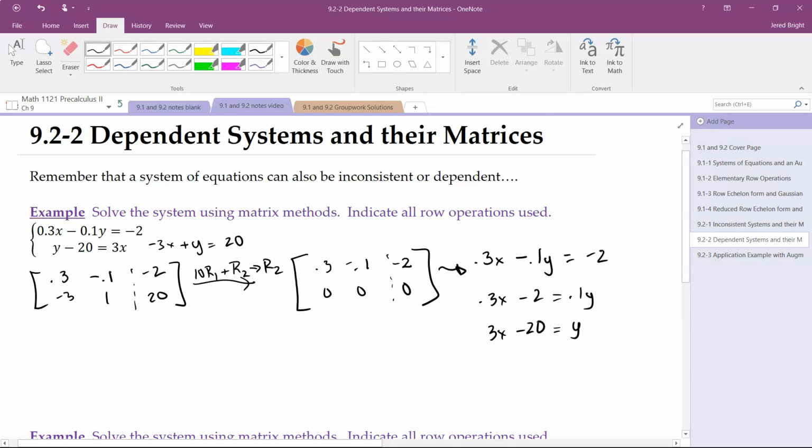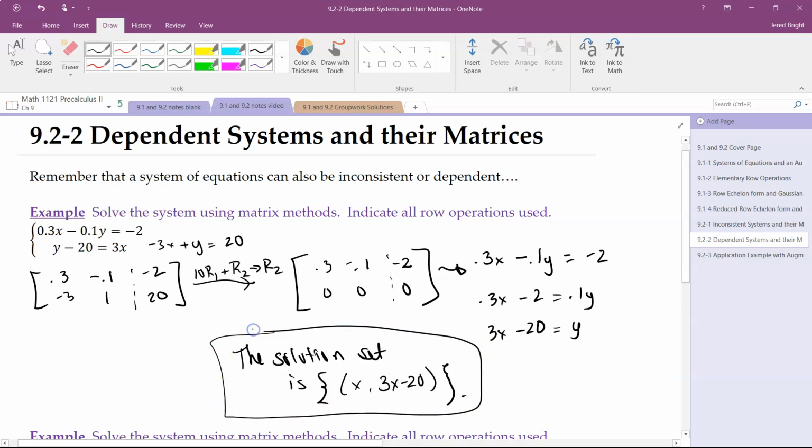Okay, so then in terms of my solution set, it's going to be in terms of a variable. So normally I would write x and y, right? But instead of y, I have the expression 3x minus 20, and I'm going to write that expression in place of y. Okay, so that's all the more we can do here.